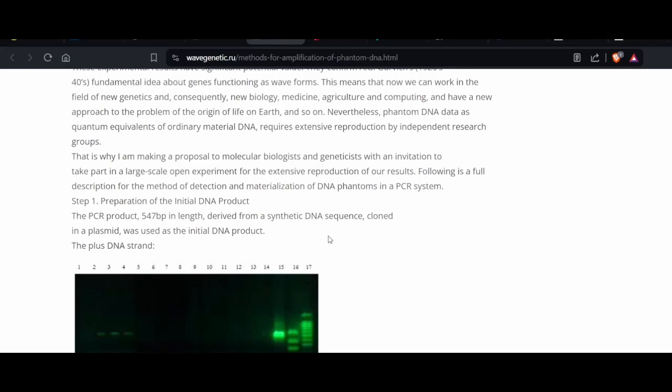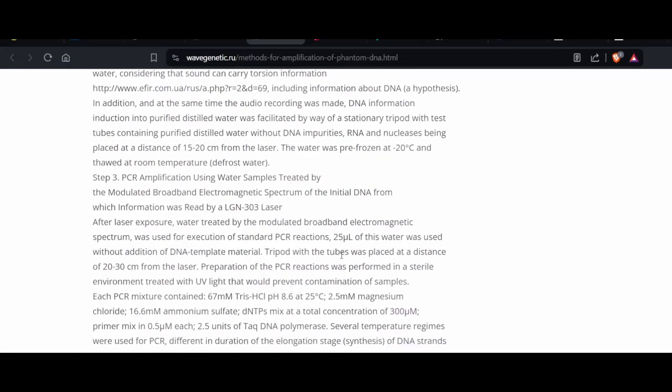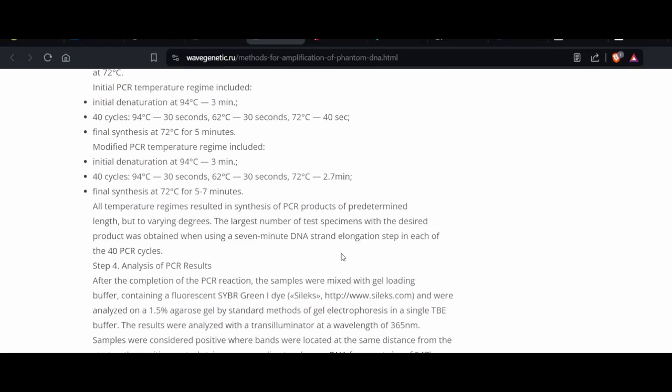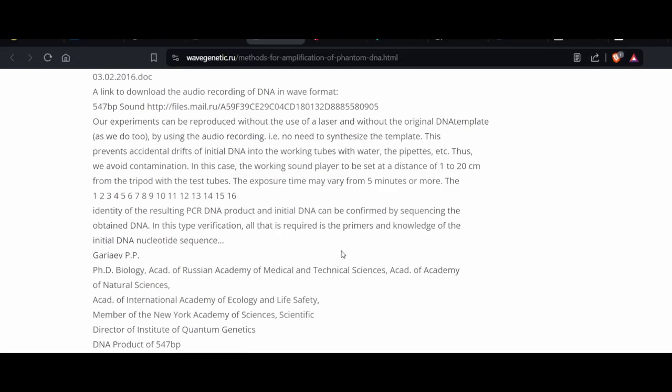I see that this is their positive strand where they're going through what they did. I think this is the one where they have a link to download the audio recording of the DNA that they used in this sample, but when I tried it, it just took me to a cloud storage site that I guess you probably have to sign up to get their file, so I didn't do it.